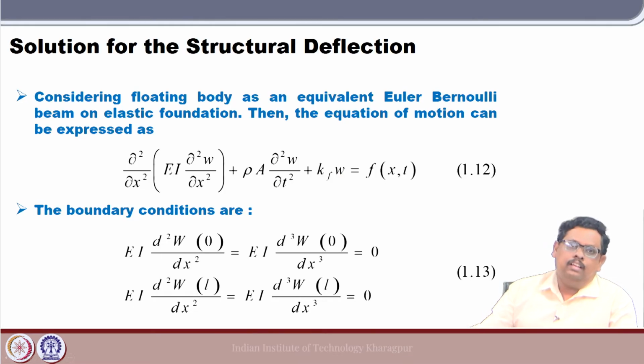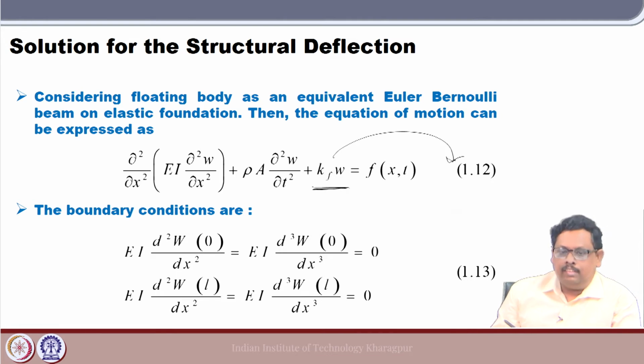Now, we are going to use this Euler beam theory and this equation is 1.12, if you remember, connecting to the previous equation. It is actually the beam equation that we are going to solve. Here, if you look at equation 1.12, the buoyancy term we can take to the right hand side.